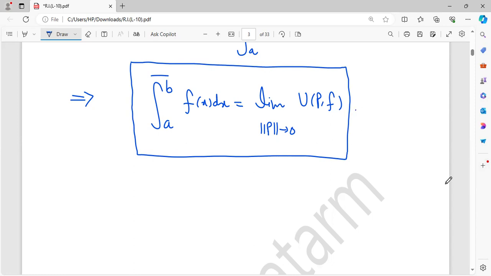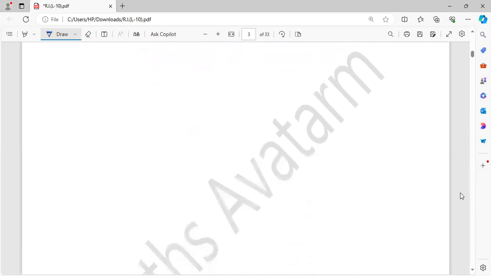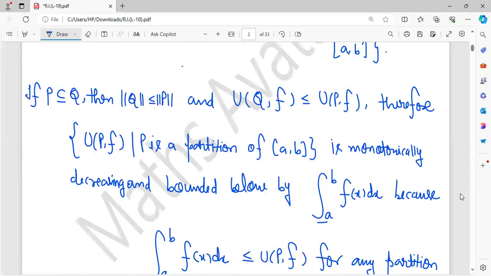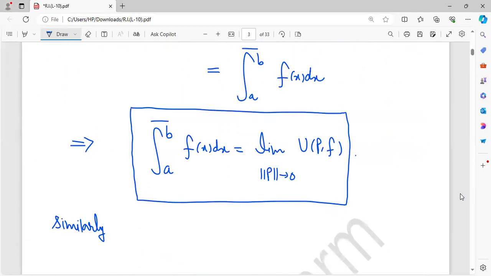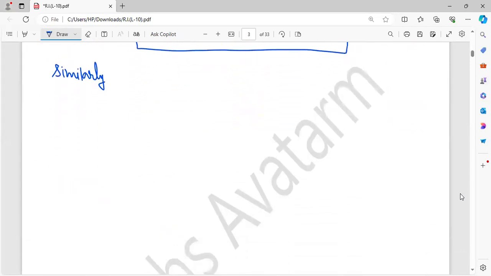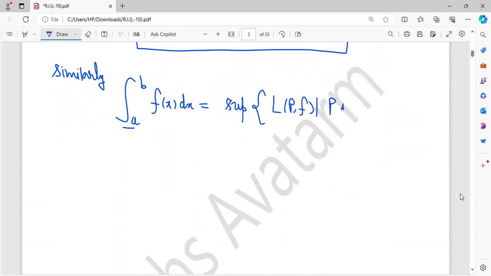Now, similarly, the lower integral from a to b of f(x) dx is equal to the supremum of L(P, f), P a partition of the closed interval [a, b].